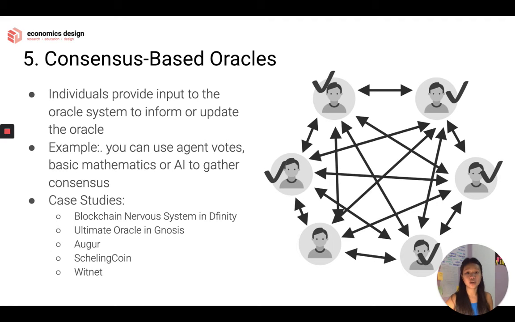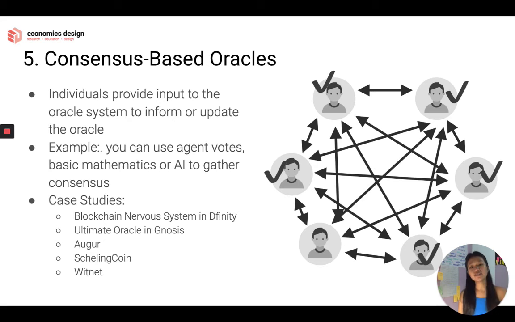But when we're talking about on-chain, blockchain-related oracles, then this number 5 will be a bit more relevant. It's consensus-based oracles. It doesn't need to use blockchain, but there's a relevance to blockchain, because on blockchain we are looking at getting consensus, not just on votes and decision making, but also on oracles.